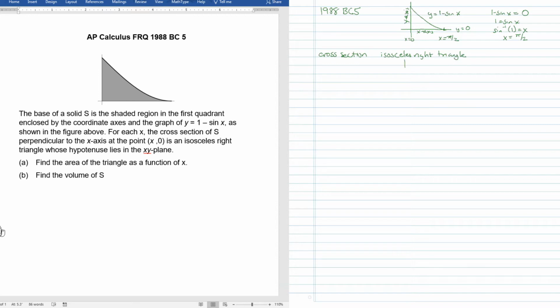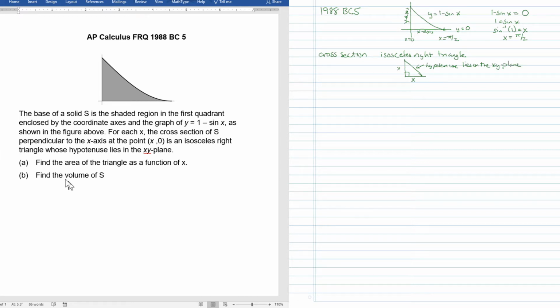Since an isosceles right triangle has two sides that are equal and a right angle in between them, that's what I am looking to use. However, it says in there that the hypotenuse lies on the xy plane.